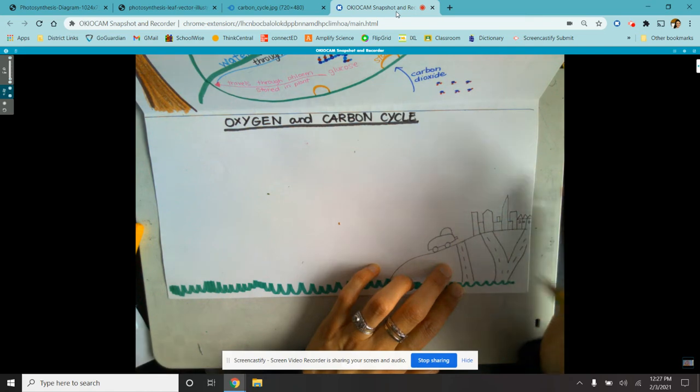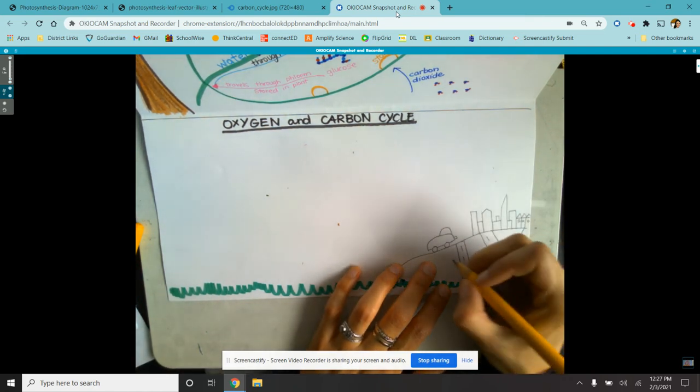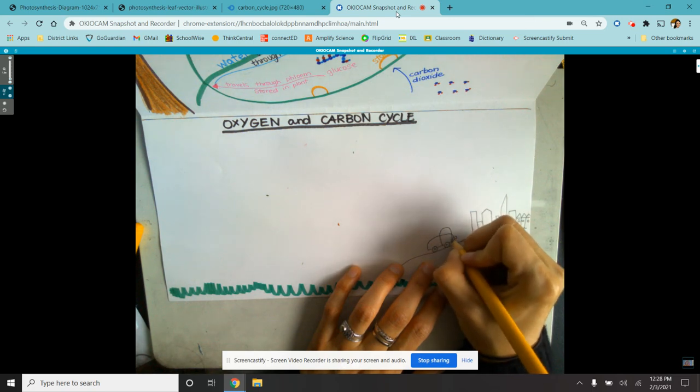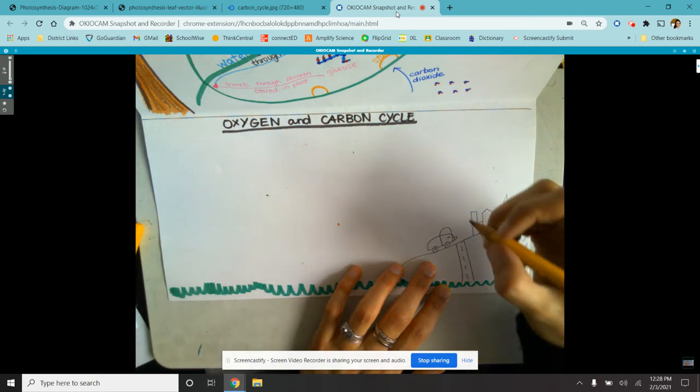All right, we'll do our detailed star pictures later. So in our car, we have our gas emissions.